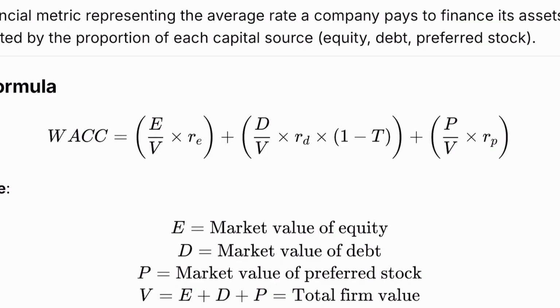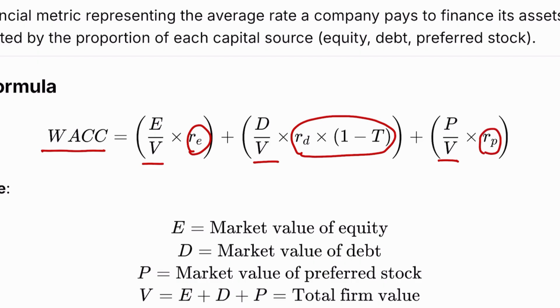Now let's have one final look at the formula. WACC is the weighted sum of all these cost of capital sources. So this is the cost of equity, after-tax cost of debt, and cost of preferred stock. These three are the corresponding weights of equity, debt, and preferred stock.